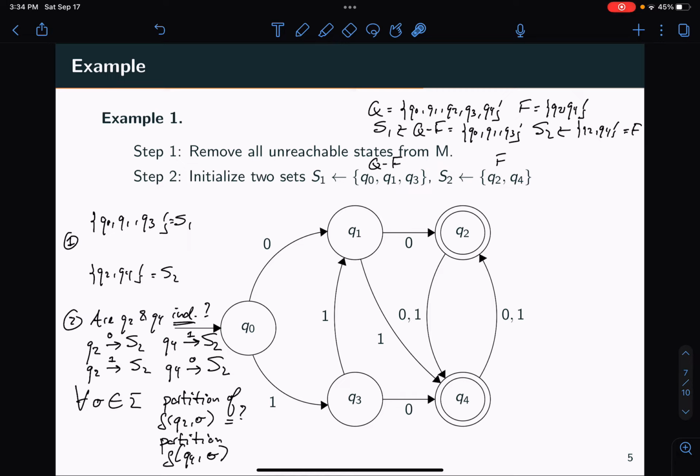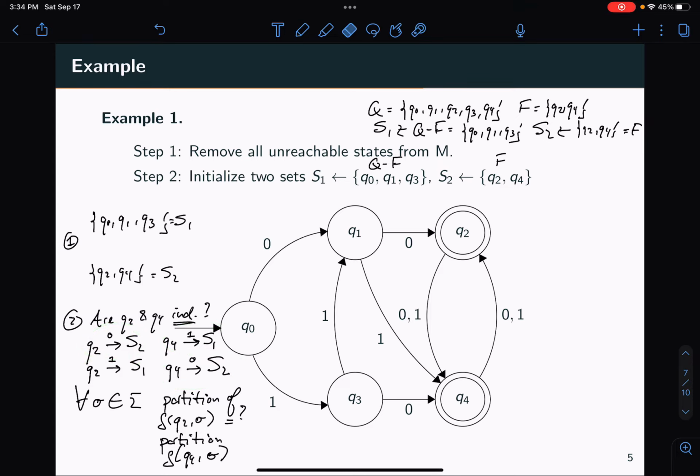Notice that there's one thing that you have to be careful about here. If it had been that from Q2 and Q4, I went to S2 for zeros, and when reading a 1, I went to S1, then that's still okay, because for zeros, I go to S2, and for ones, I go to S1.